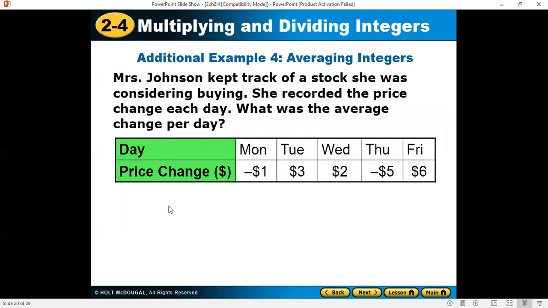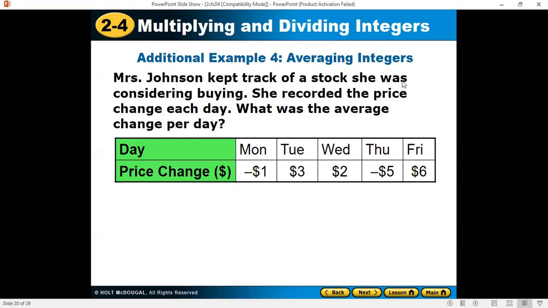Let's move to word problems related to multiplication and division. Mr. Johnson kept track of a stock he was considering buying. He recorded the price change each day.